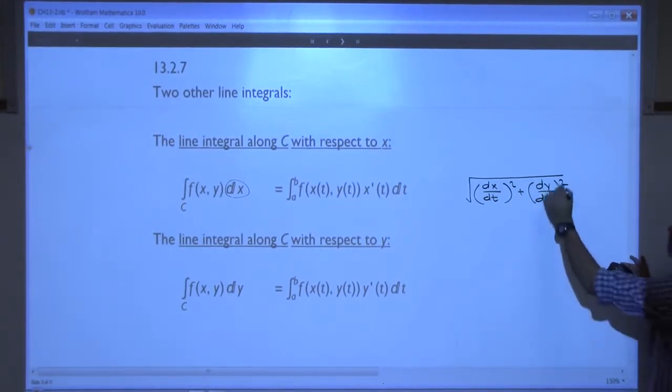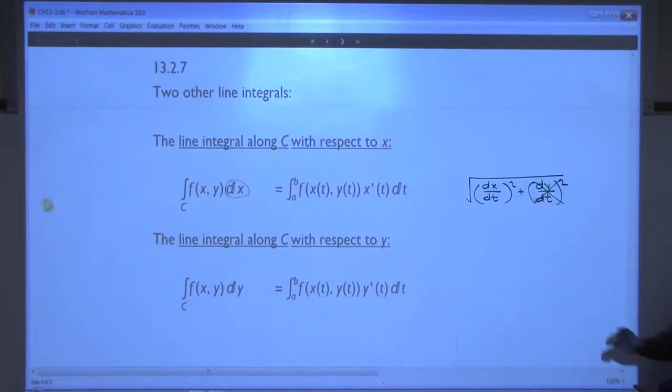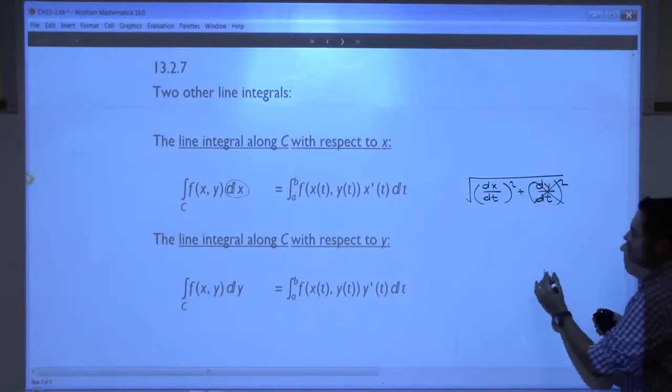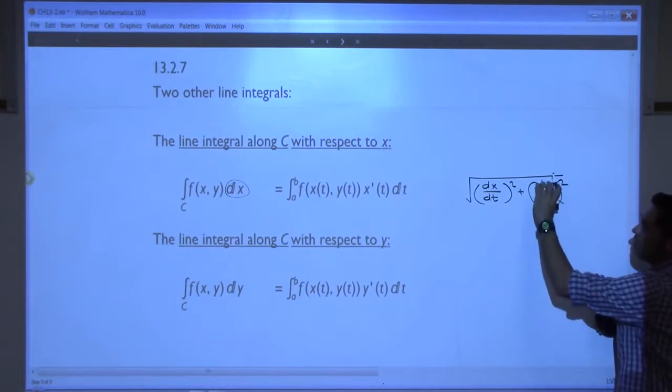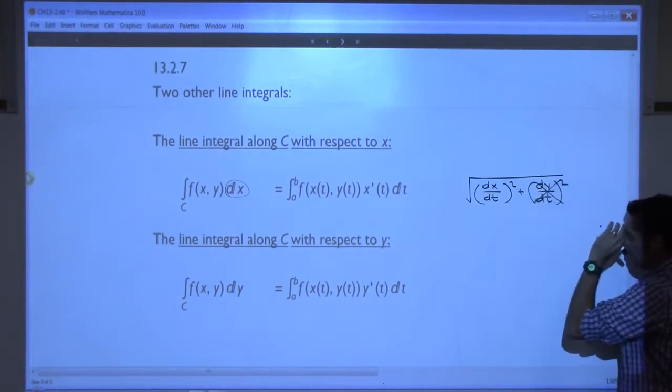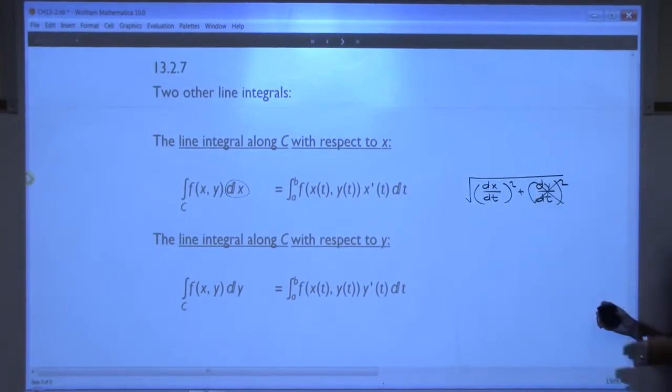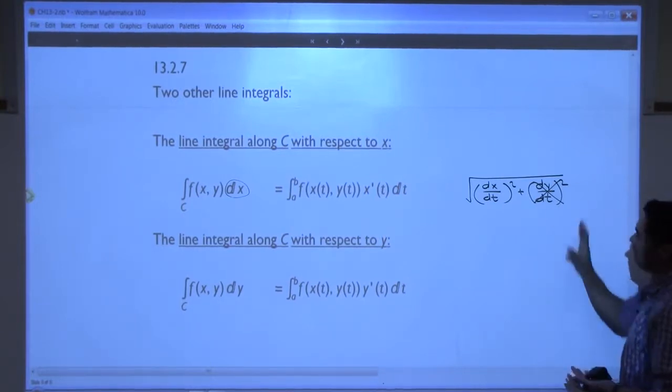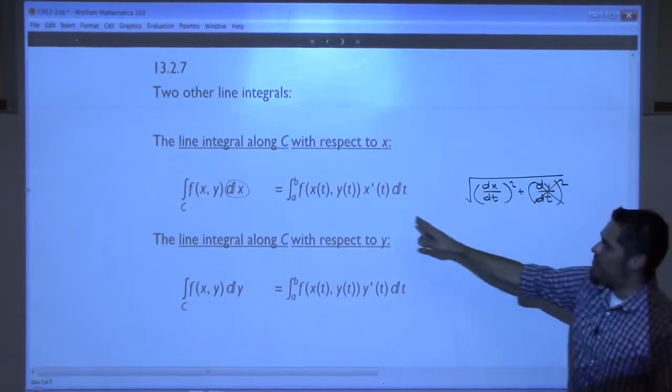You're saying that y is constant, so its derivative is 0. And then that zeroes out, and you just get this part right here.